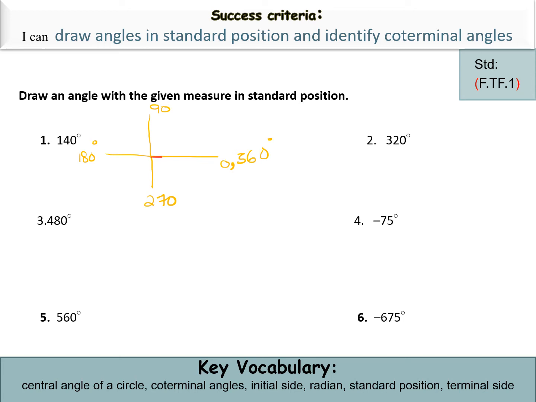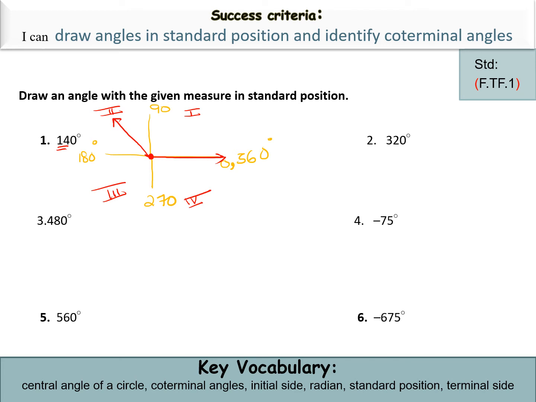The initial side stays as it is. You have to move the terminal side to make 140 degrees. Now these are the quadrants: the first quadrant, second quadrant, third quadrant and fourth quadrant. Of course, 140 degrees lies between 90 and 180 degrees, which means you will make it in the second quadrant, somewhere here between 90 and 180.